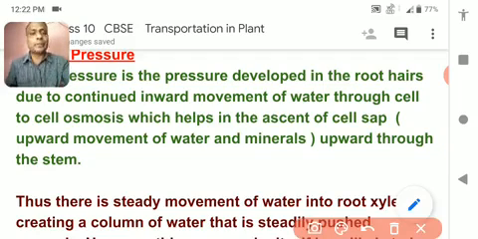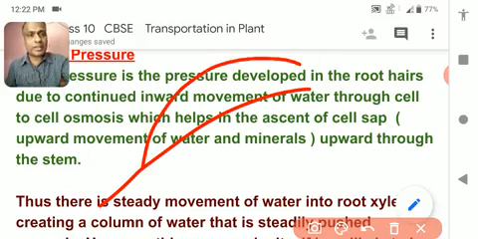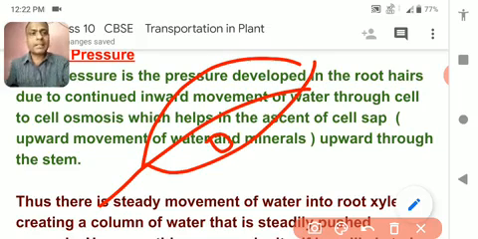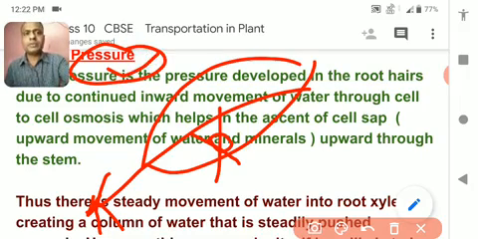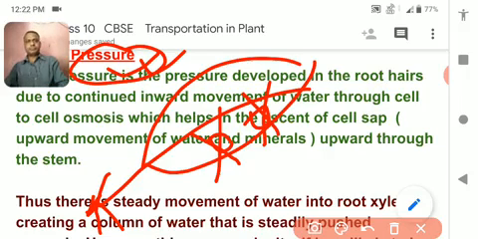As you know, during daytime the stomata open, but at night they close. At that time, water is absorbed due to continued root pressure, and although all the stomata remain closed, the water cannot get outside.